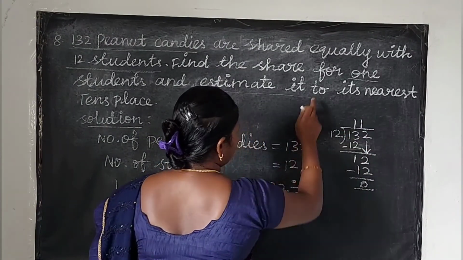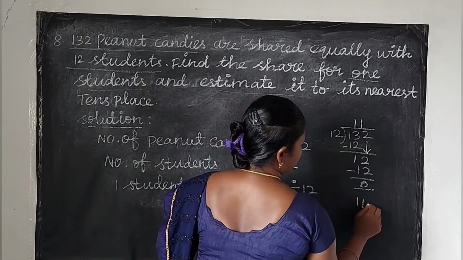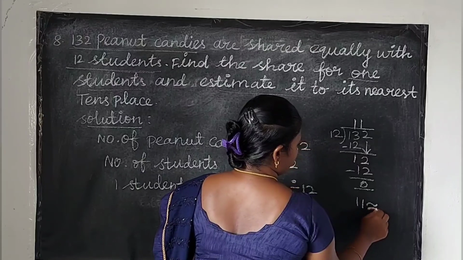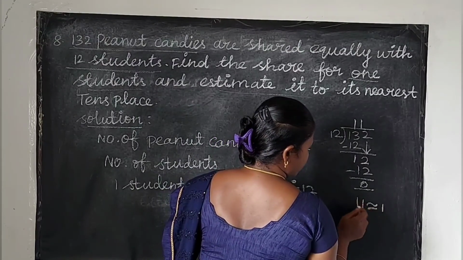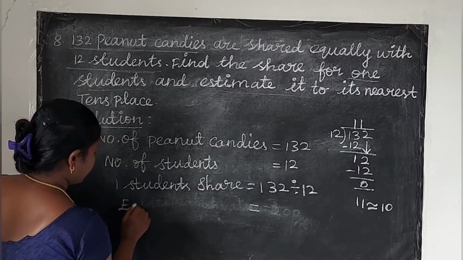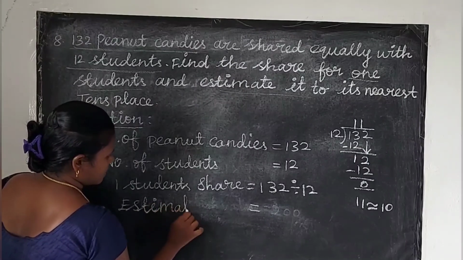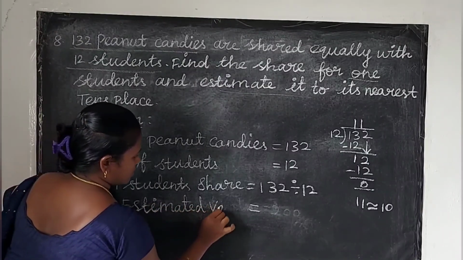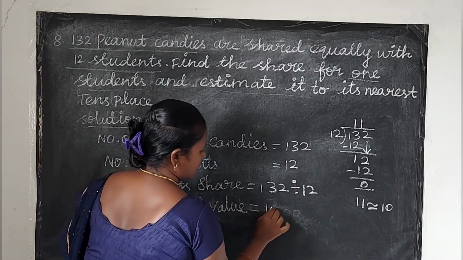We have to find the nearest tens place value. So 11, the ending number 1 is the first group. So the number before is 10. So the estimated value is equal to 10.